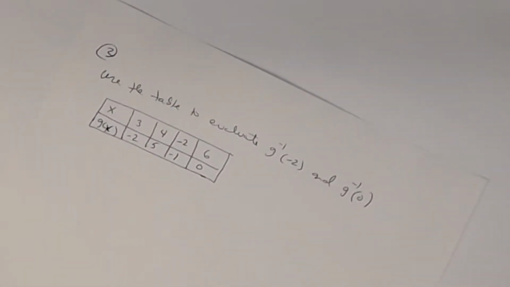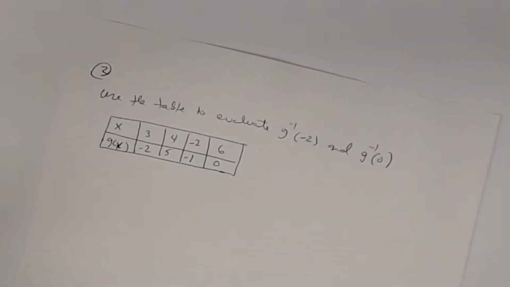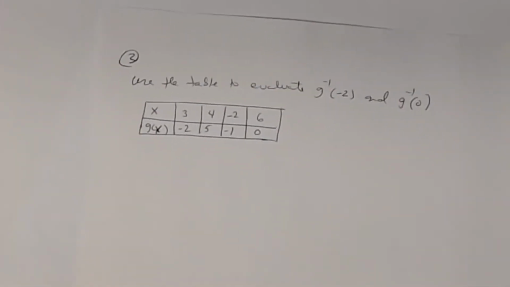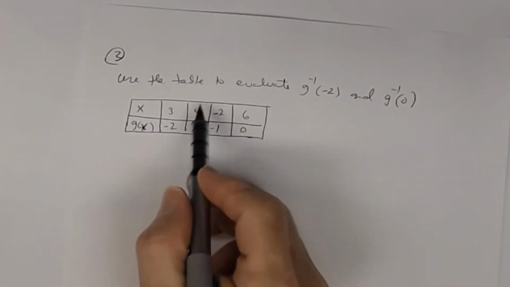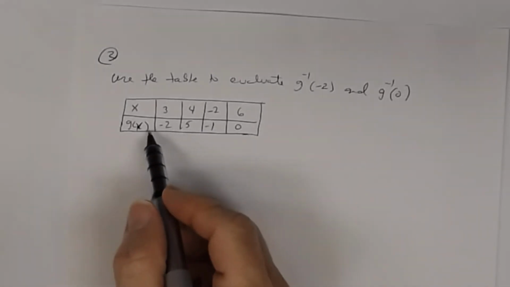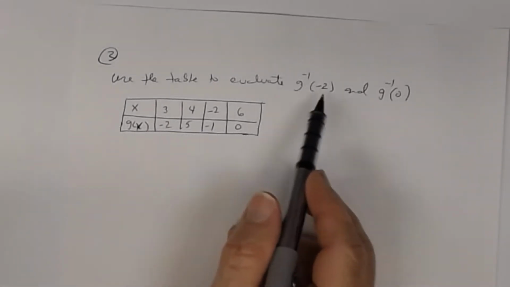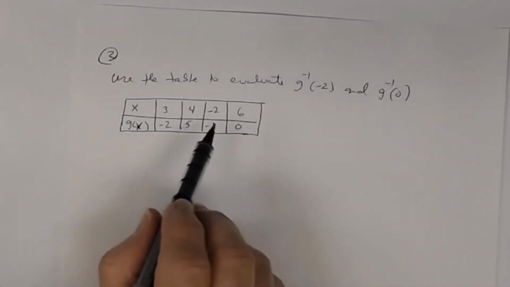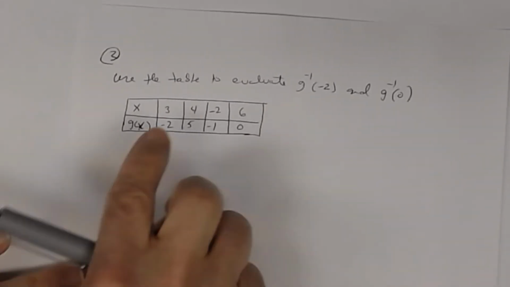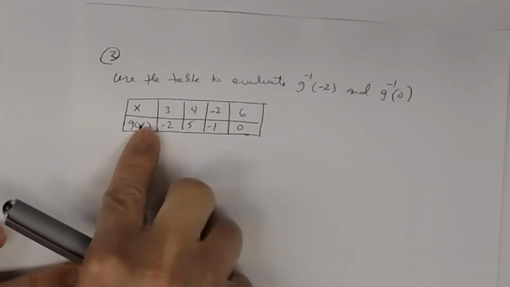Okay, let's look at number 2. So same idea, right? It's the same idea we just talked about. You're given the function g of x, a table for g of x, but you want to find the inverse. Now, many students will answer these using this table, and you can do that.